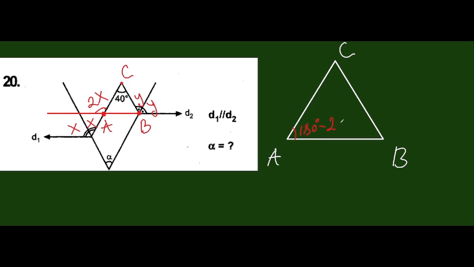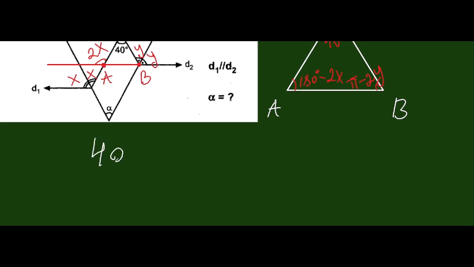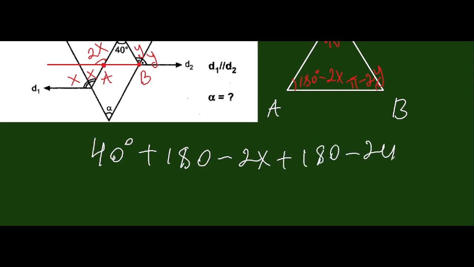180 minus 2x. This is 40 degrees. And this one, B, will be equal to pi minus 2y. So the sum of these angles will give us 180. So 40 plus 180 minus 2x plus 180 minus 2y will equal 180.